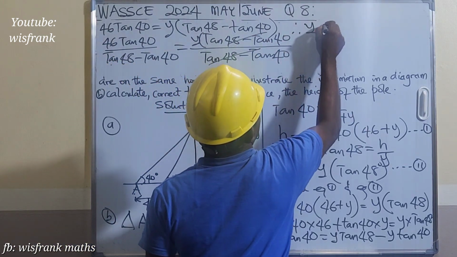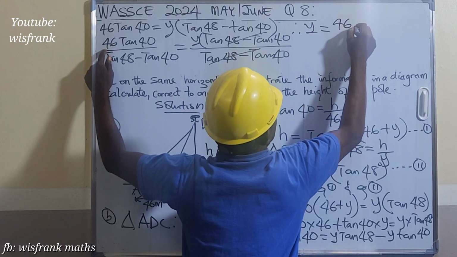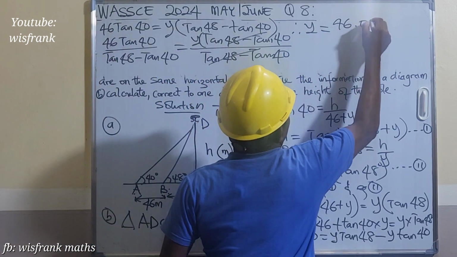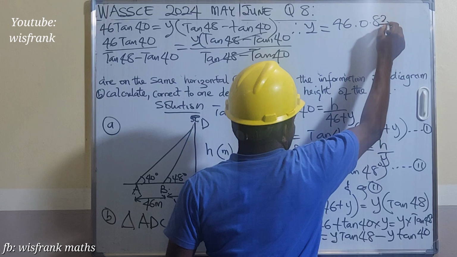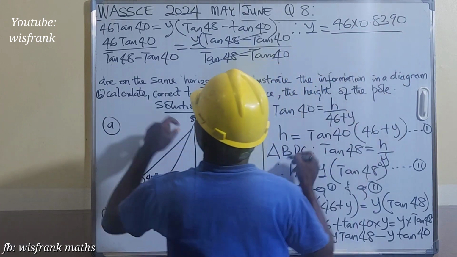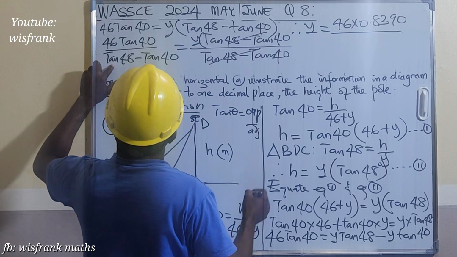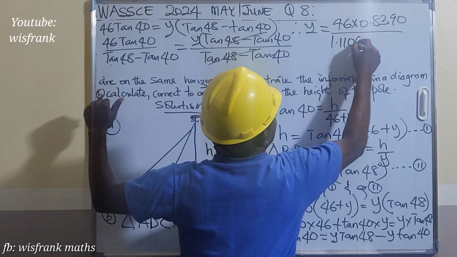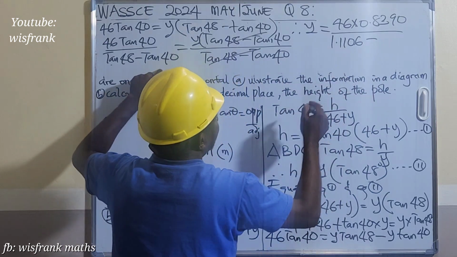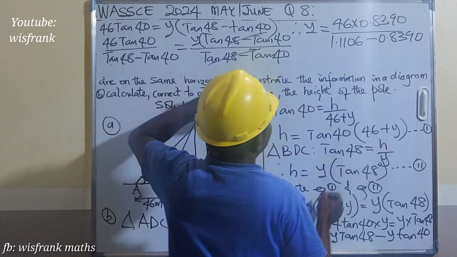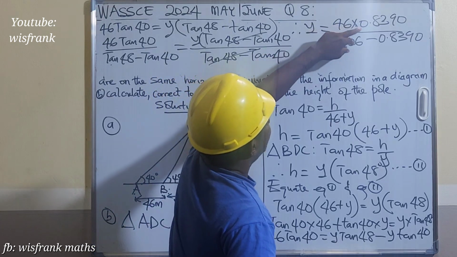Therefore, y equals 46 tan 40, which is the same thing as 0.8390, this is a multiplication sign, all over tan 48, which is the same thing as 1.1106, minus tan 40, which is 0.8390. So in this case, we can multiply this.